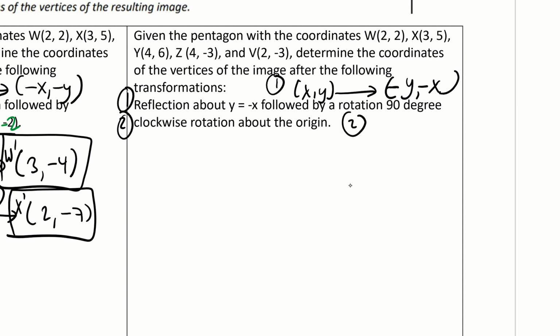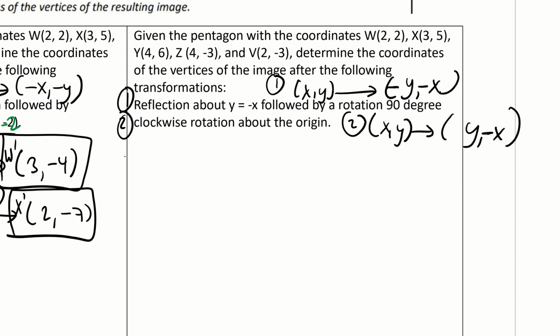In order to do a rotation of 90 degrees clockwise, I need to switch the coordinates and then negate the second coordinate, right? After I do the rotation, then I negate the second coordinate. All right, so that's my 90 degrees clockwise rotation.